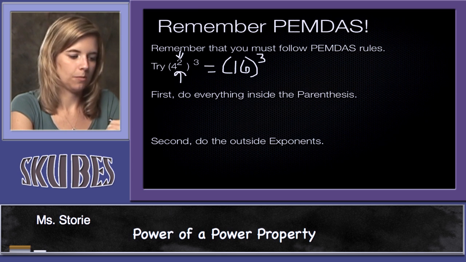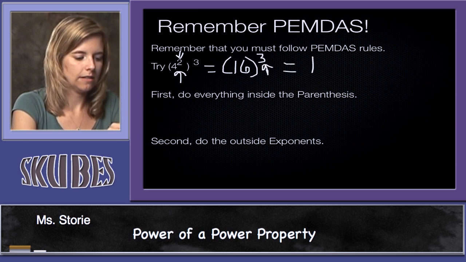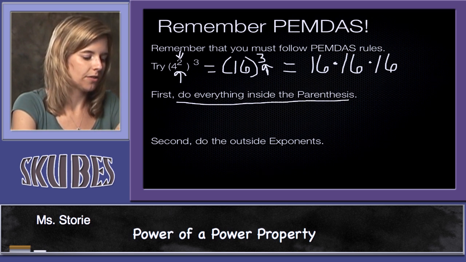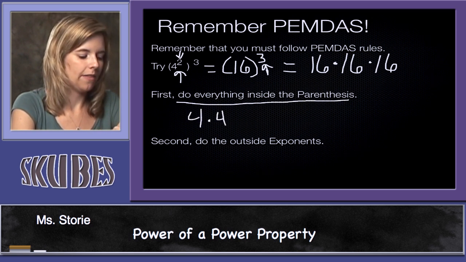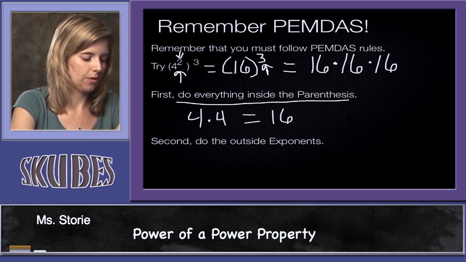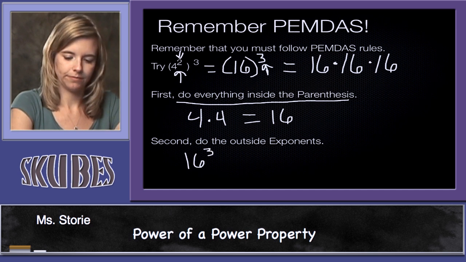Now we look at any exponents, and we've got one right there. It's telling us to take that 16 and multiply it by itself 3 times in a row. We did everything inside the parentheses first, the 4 times 4, and that's where we got our 16. Then we did the outside exponent, when we took our 16 and raised it to the 3rd power.